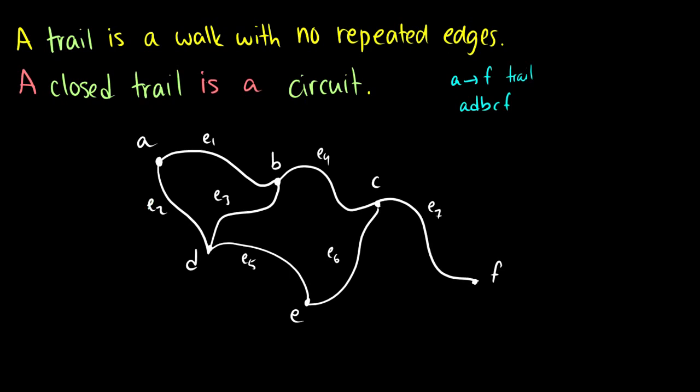So we just went this way, this way, this way, and this way. So that's totally acceptable. We could do that. And that is a trail because we didn't use any edges twice.